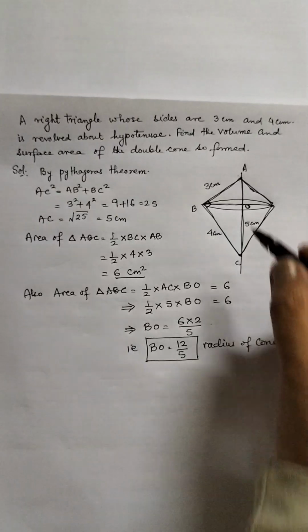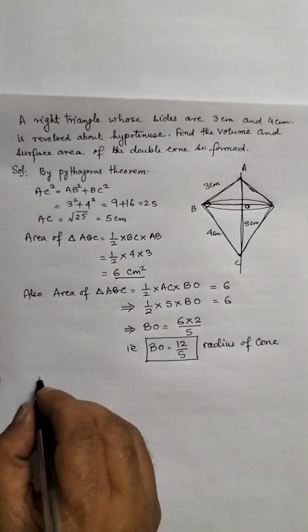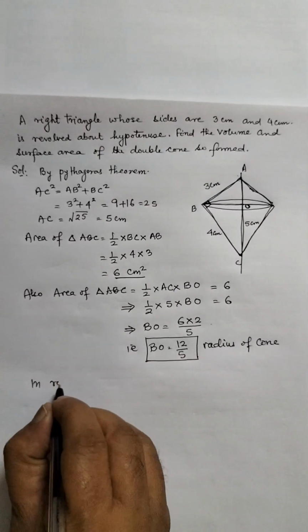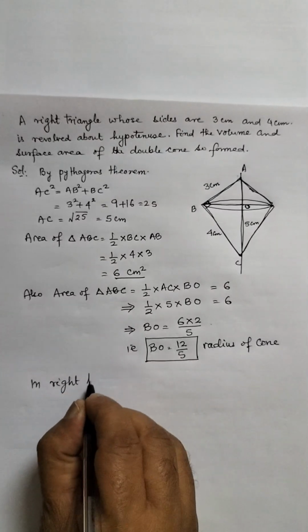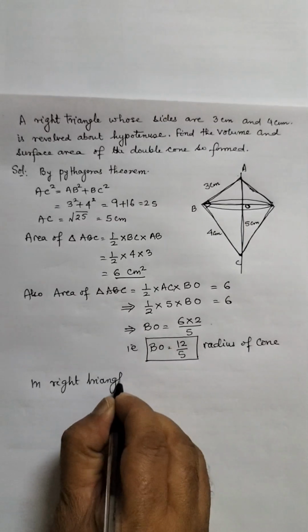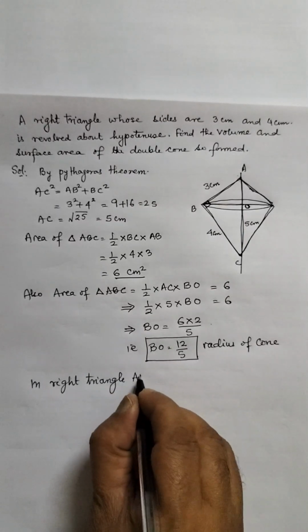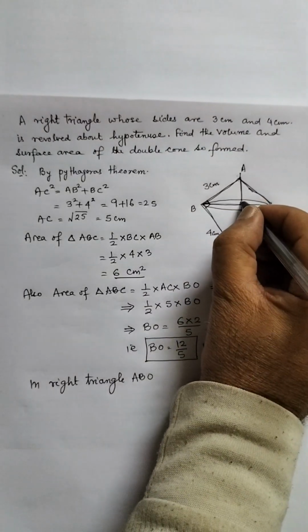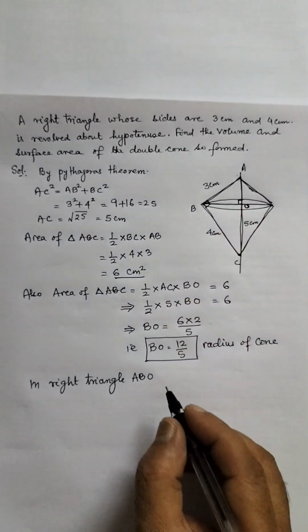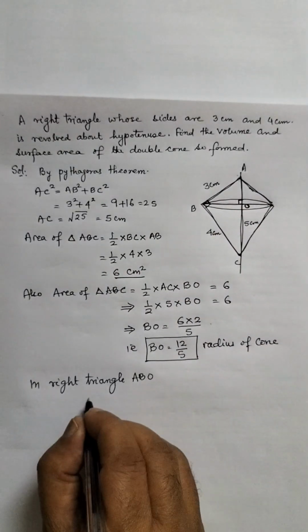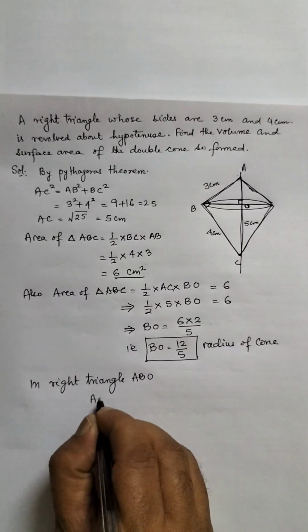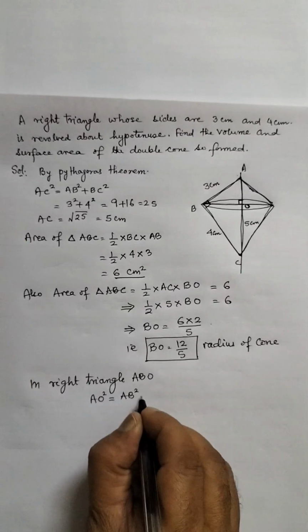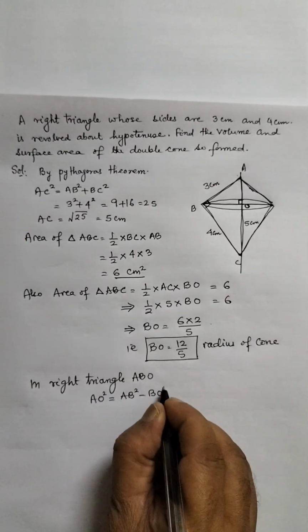Now next I need the height AO. Now in right triangle ABO, I am considering ABO. This is also a right triangle. In this right triangle we have AO square will be equal to AB square minus BO square.